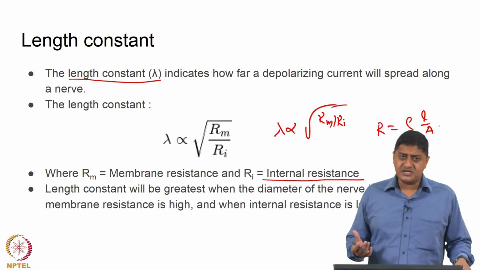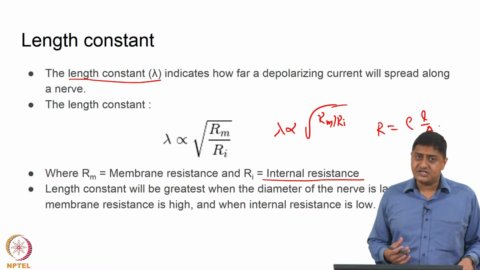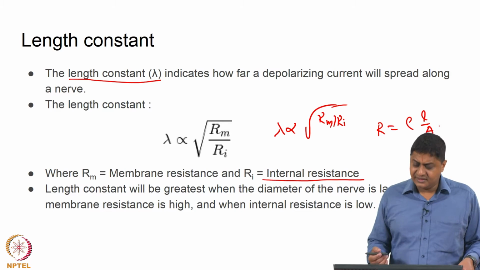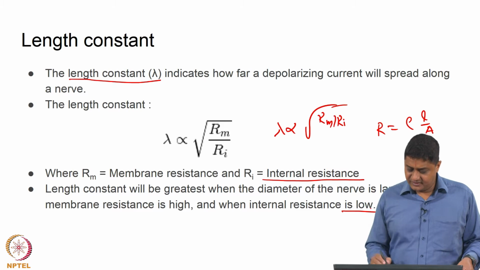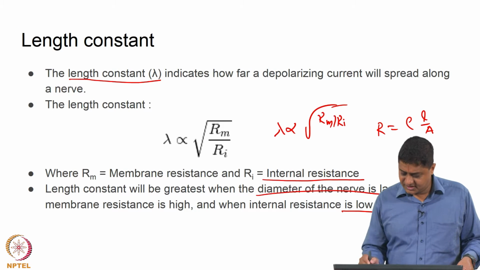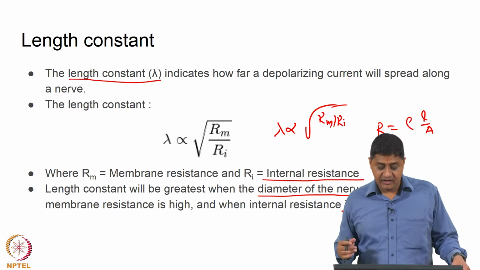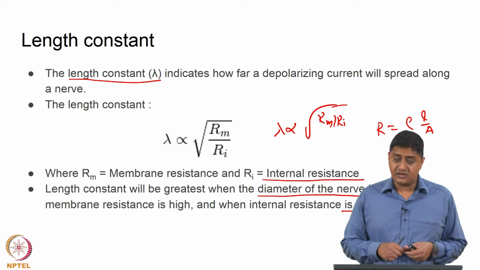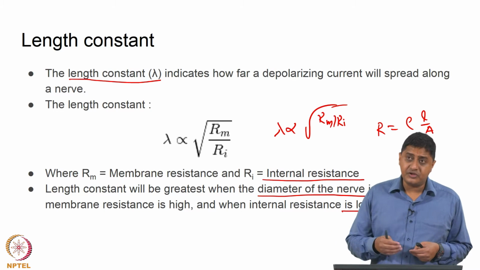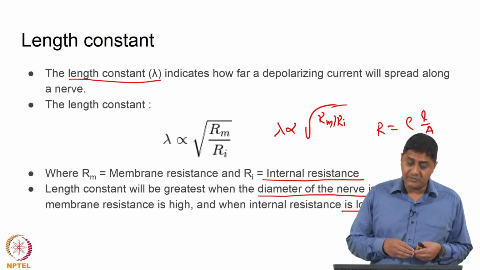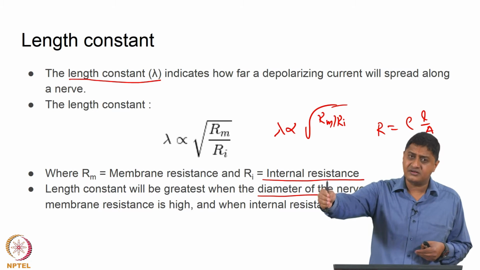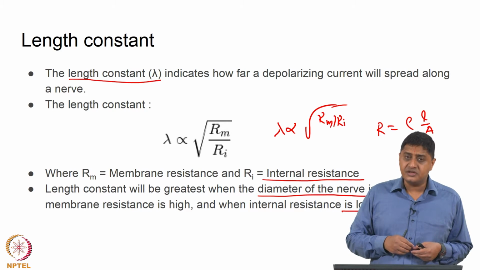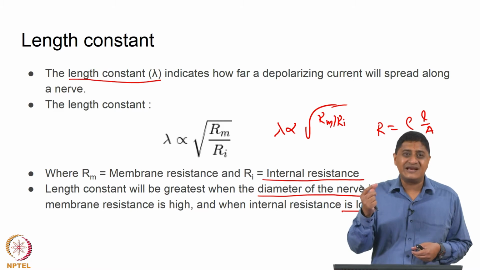A similar situation is true also in the biological membrane. The internal resistance is low when the diameter of the neuron is large, right. So, one way for me to have a relatively large length constant, one way to ensure that the depolarizing current will travel a far distance, is to ensure that the nerve diameter is relatively large.